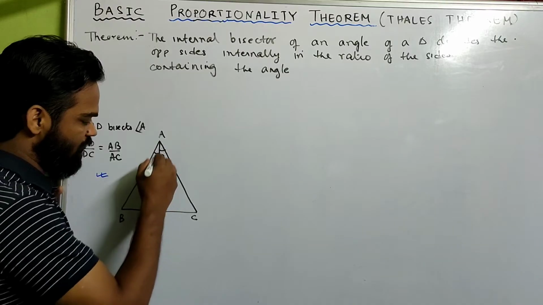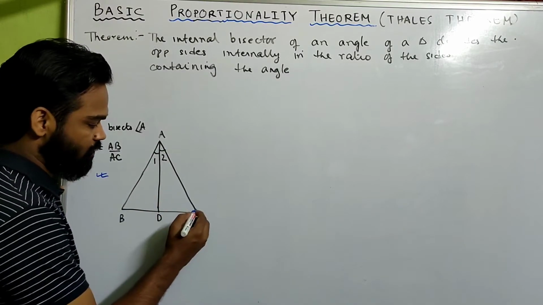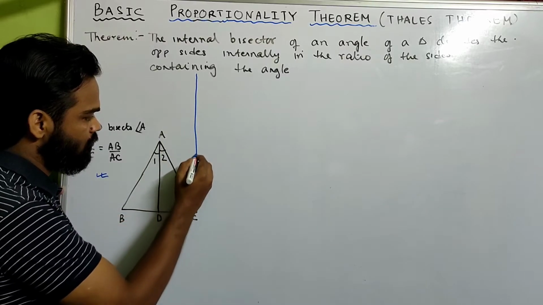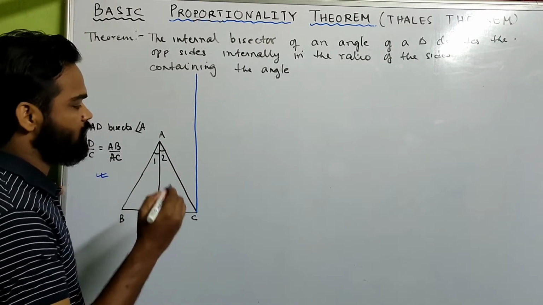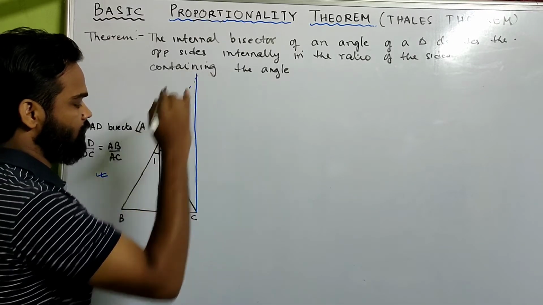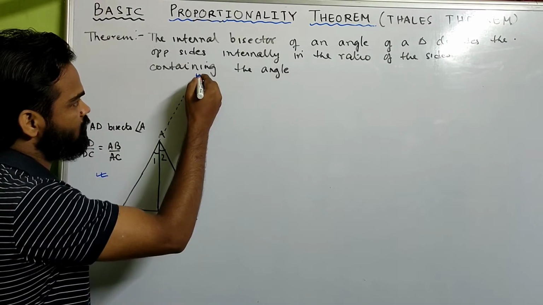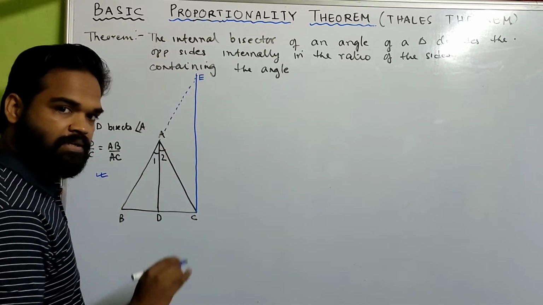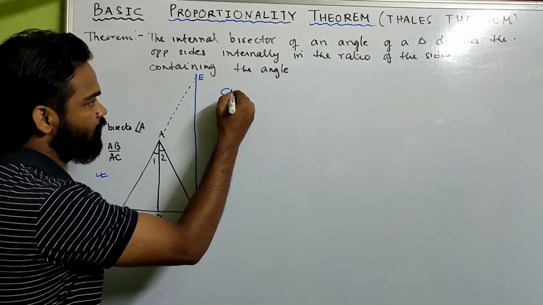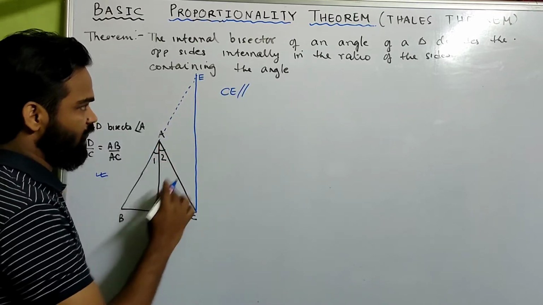Look what I'll do. I'll draw a line parallel to AD passing through C, and I'll join this. Suppose this is E. Now, CE, remember, is parallel to AD.